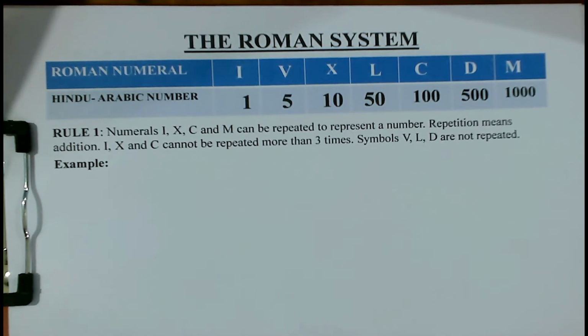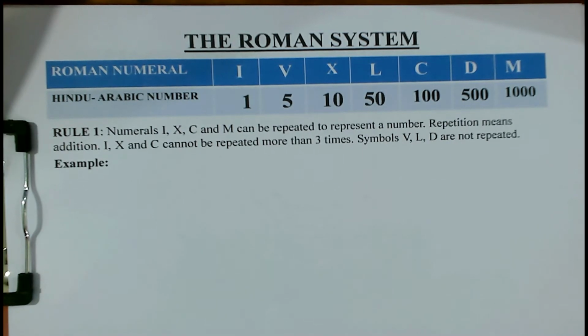And there are certain rules which need to be followed when we write the Roman numerals. Let's look at the rules. Rule number 1 says numerals I, X, C, and M can be repeated to represent a number.